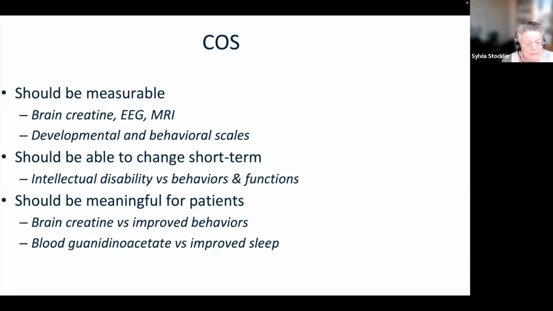And sometimes it happens that if you treat a patient with a new treatment, those behavioral scales do not change, but the family says, well, this child is a completely different child. They communicate much better. They are less hyperactive, but this might not be captured in the scales.